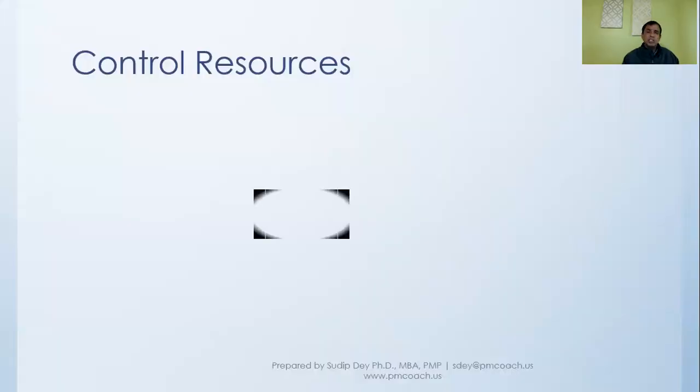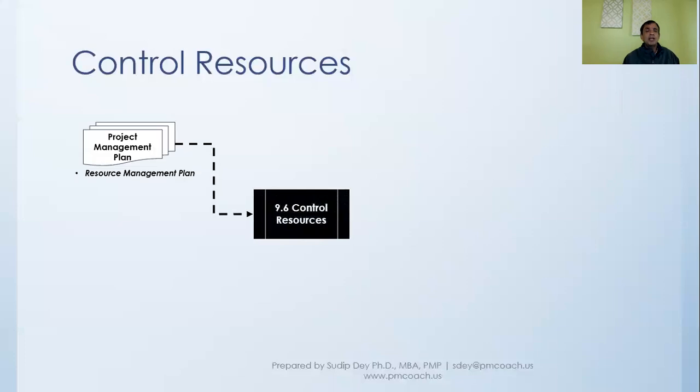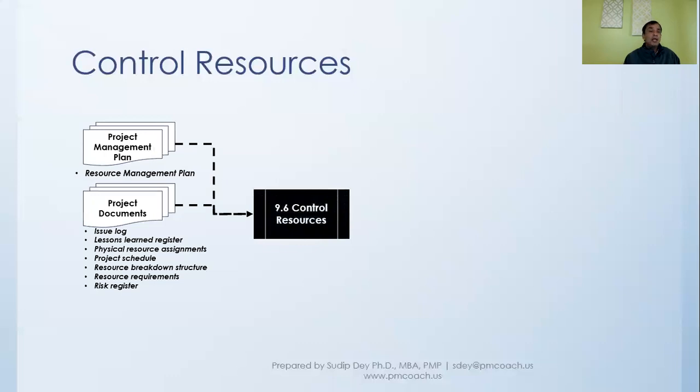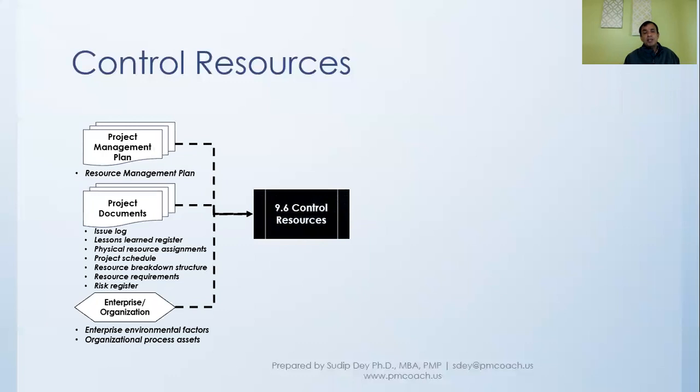So control resources, if you look at the data flow perspective, again, a project resource management plan will come in there, project documents, and then environmental factors, organizational process assets. Now, we'll have the conduct procurement process. It's not conduct requirement, it is conduct procurement.